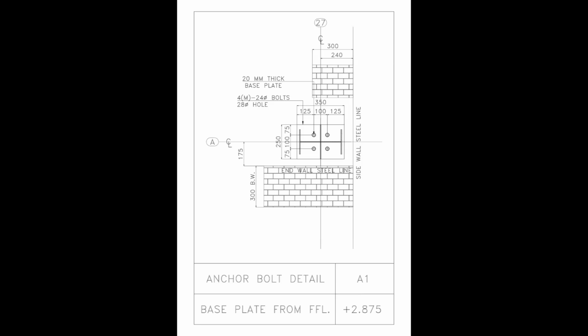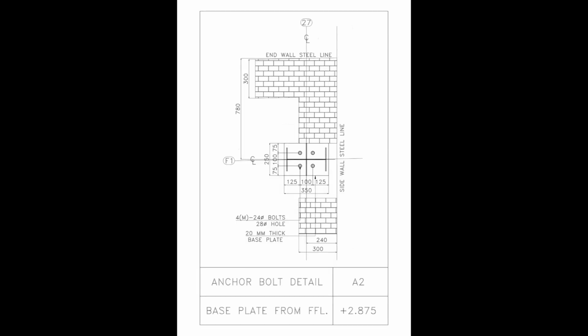The drawing also shows the 300 mm brick wall and the 240 mm wall thickness. This makes detail A1 a corner condition, where coordination in two directions becomes important. The base plate level is again shown at plus 2.875 meters from finished floor level.